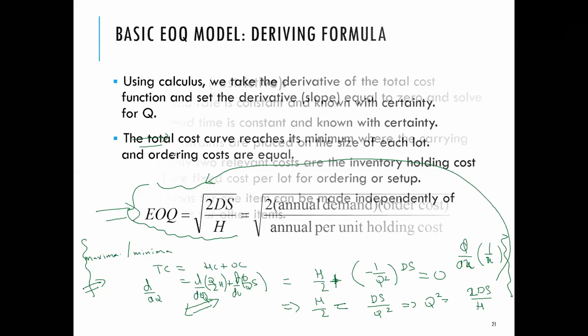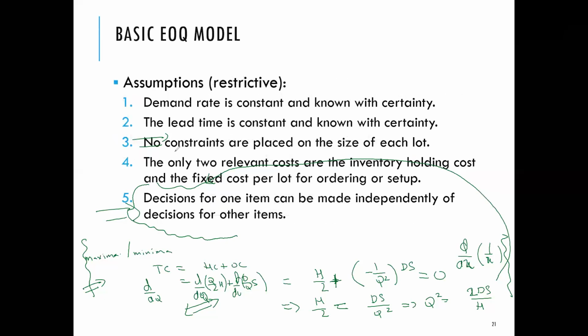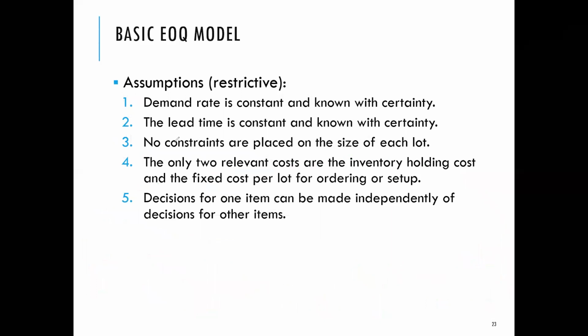Now, with that said, let's move on. So basically, there are many assumptions that exist in the EOQ model. Those assumptions make this model very restrictive. Having said that, this formula is very robust, and it has wider implications for inventory management.